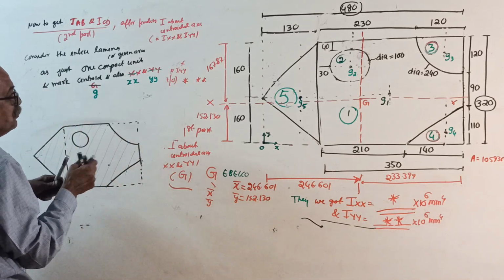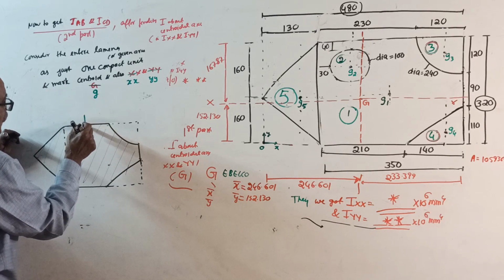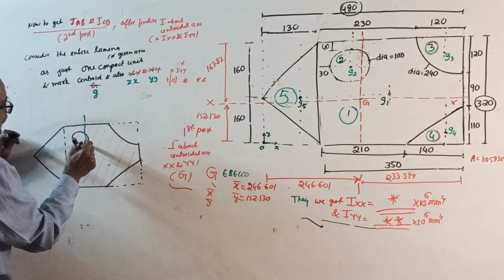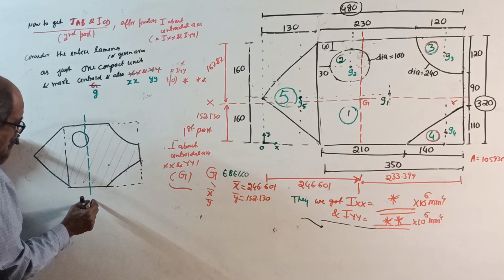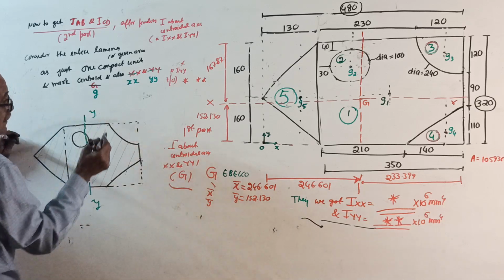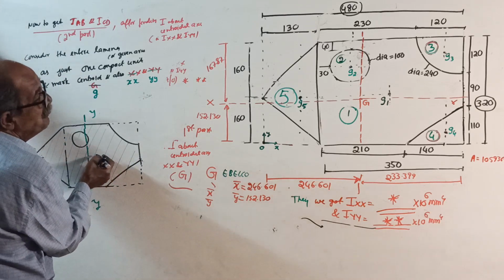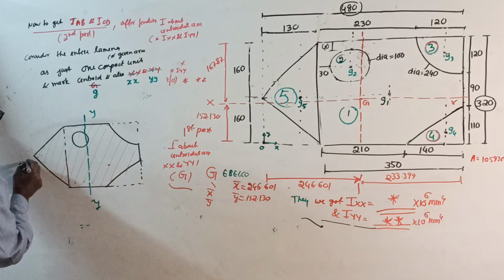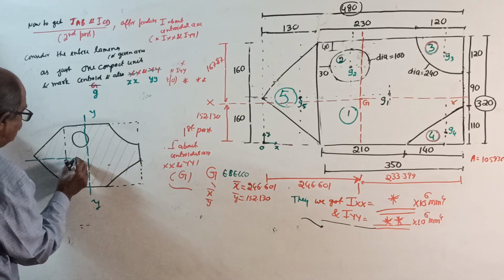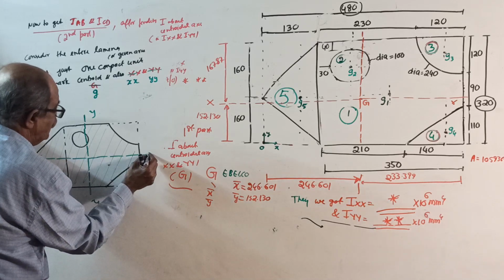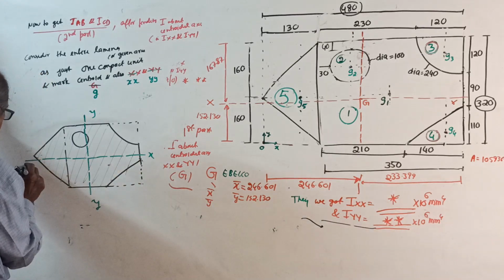See here, I use blue color now. It cuts the circle here. This is your YY axis. XX comes slightly below the centroid of the rectangle, somewhere here. This is your XX axis.